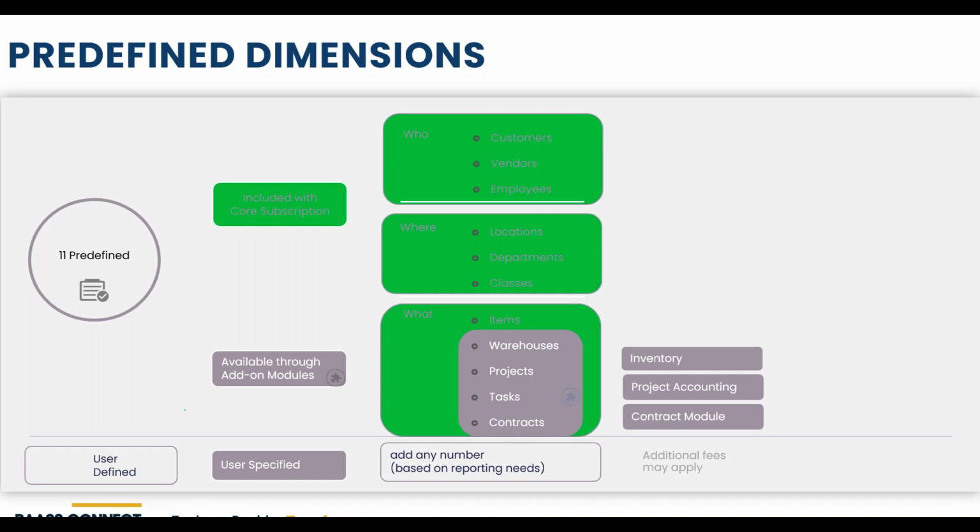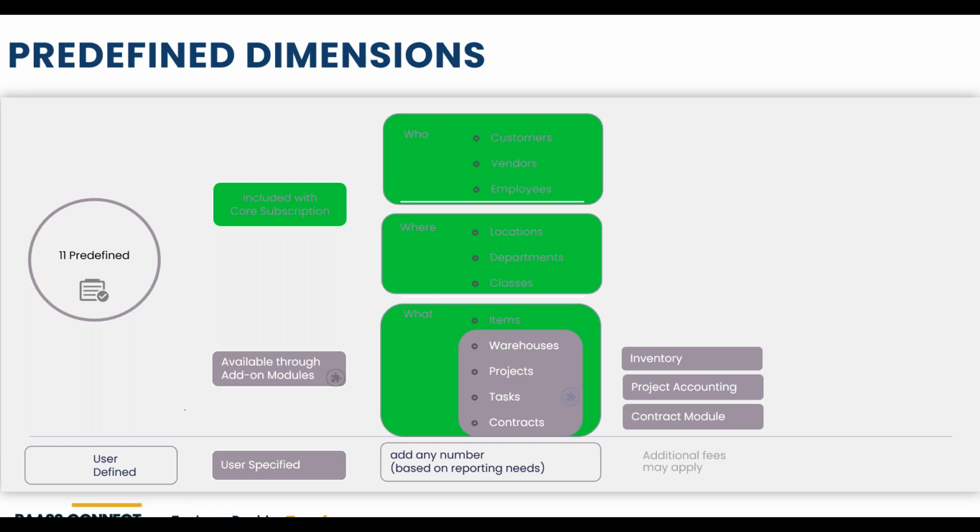I'm pretty sure a lot of you would say, it would be really nice if we could do a quick GL transaction listing by customer or by vendor. Are we able to do that today? Not very efficiently in Sage 300, but with the dimensions, that is an out-of-the-box setting that allows us to track that. And we're able to attach employee as well.